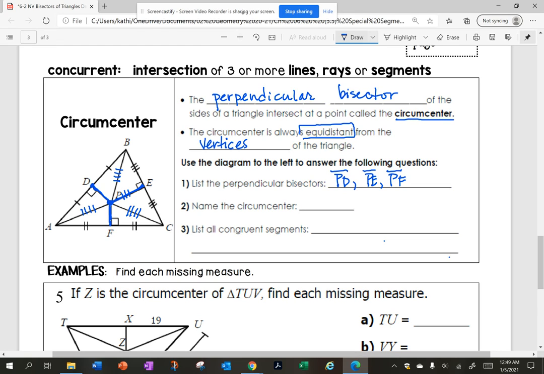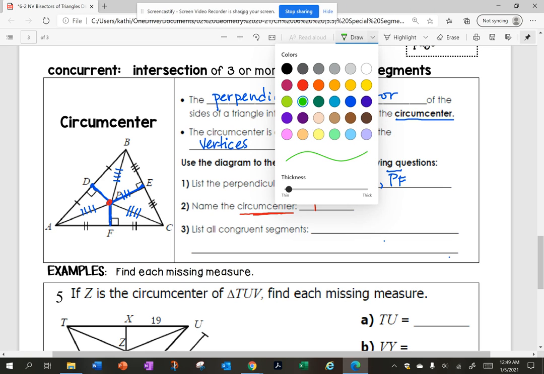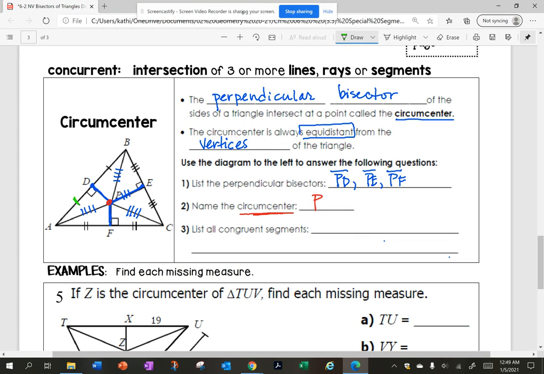So the circumcenter is point P, and now my segments that are congruent. I'm going to start here on this side. So I have a perpendicular bisector. Bisector means I'm cutting in half.